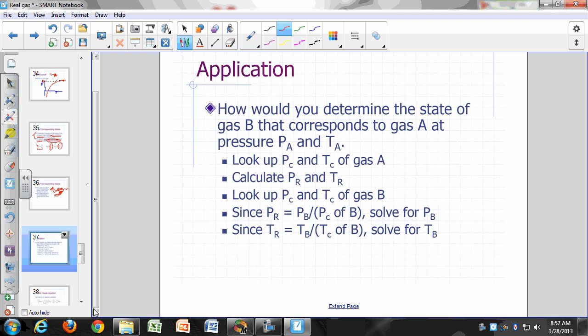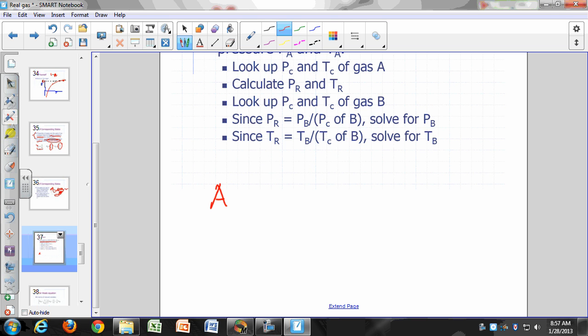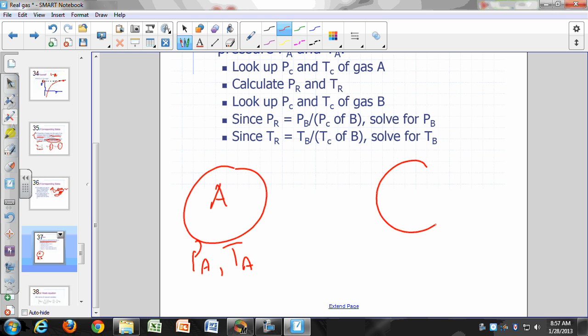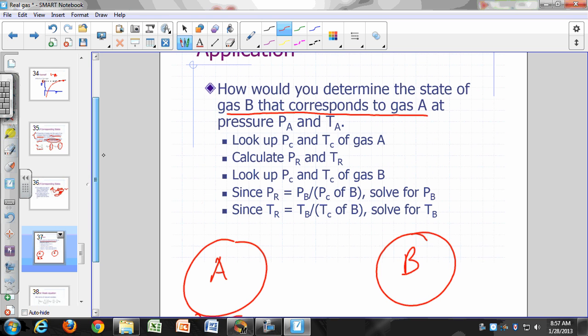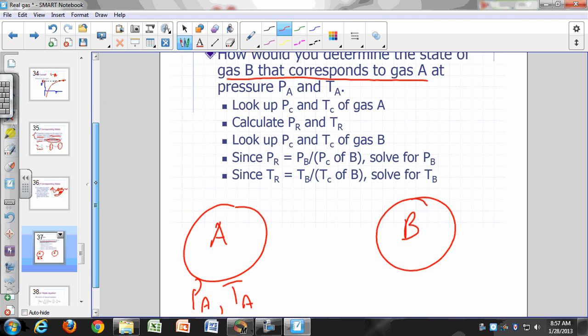Here's a question: how would you determine the state of gas B that corresponds to gas A at pressure P sub A and T sub A? What sample of gas B would have the same corresponding state?